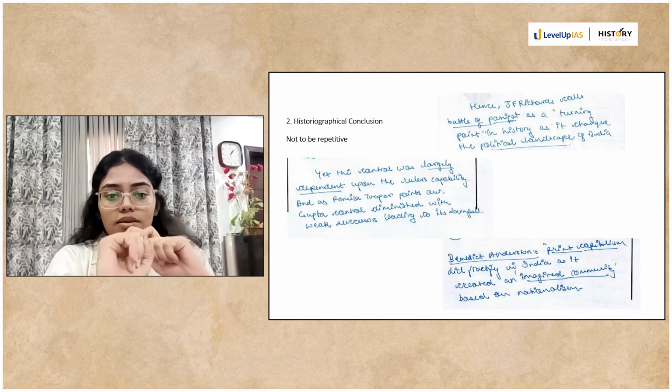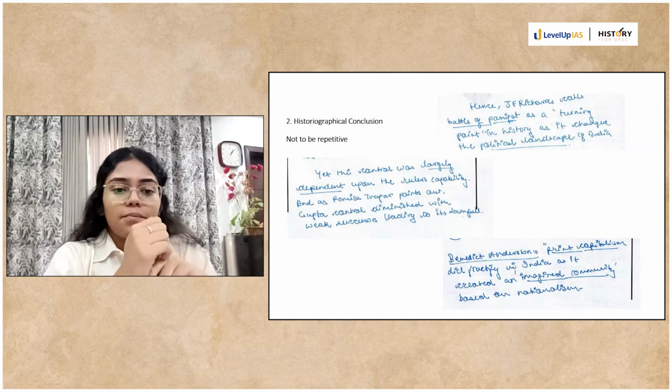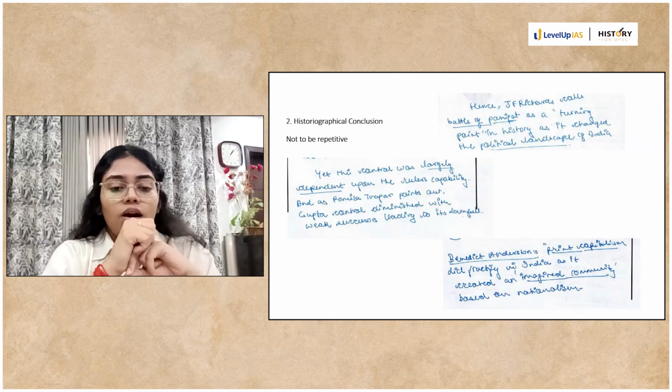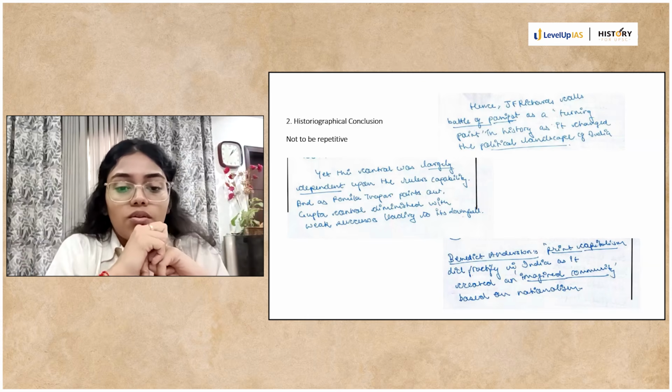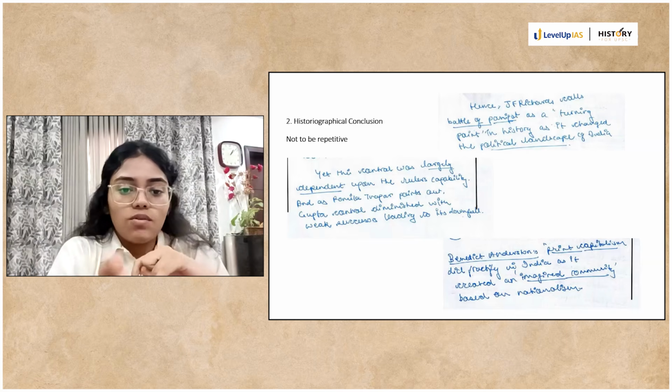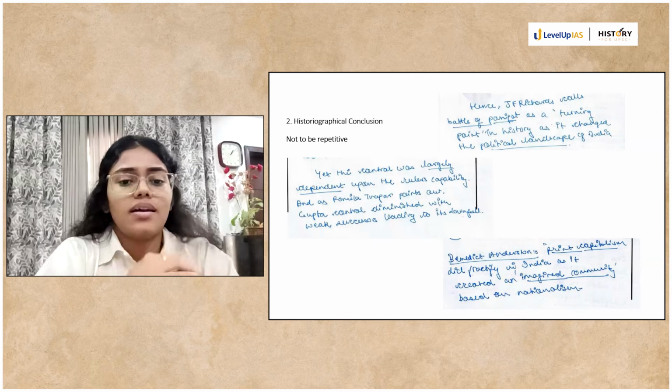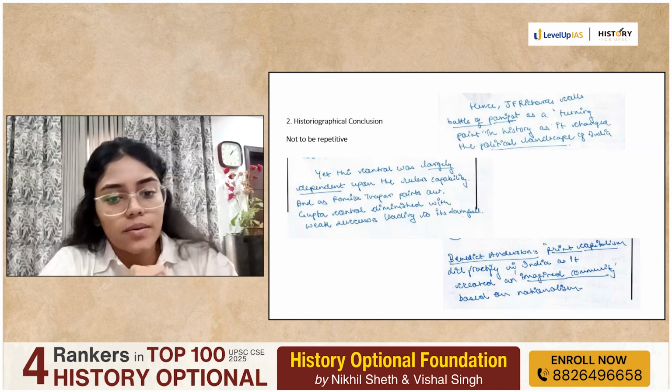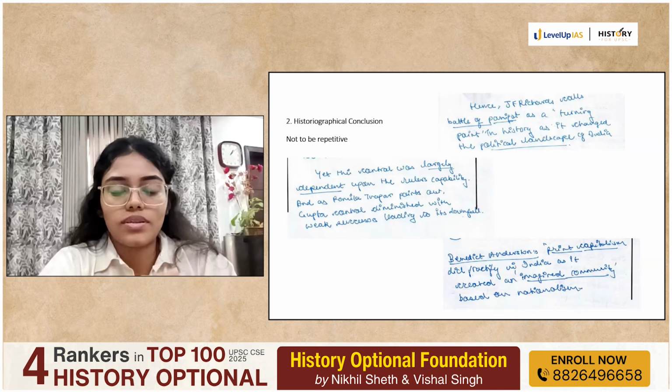And second, this was a question on the Gupta era, the role of political rulers in the Gupta era. So I said that as Romila Thapar points out, Gupta control diminished with weak successors, leading to its downfall.